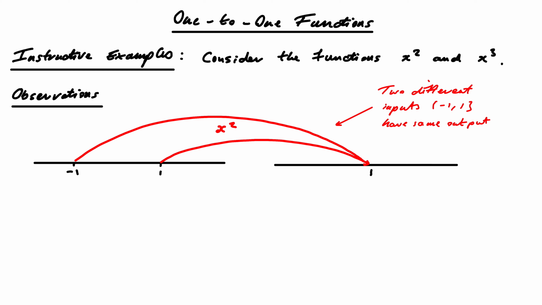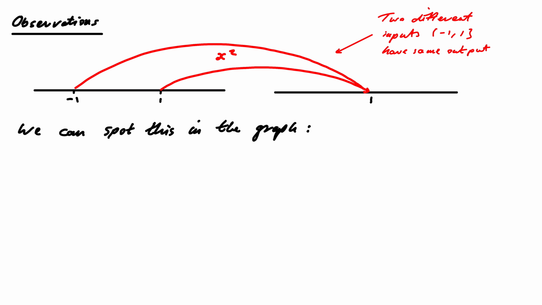Okay, so let's think about this in terms of the graph of the function. Are we able to spot this behavior in a sensible way? So actually we can. We can spot this in the graph fairly easily. So what does the graph of x squared look like?